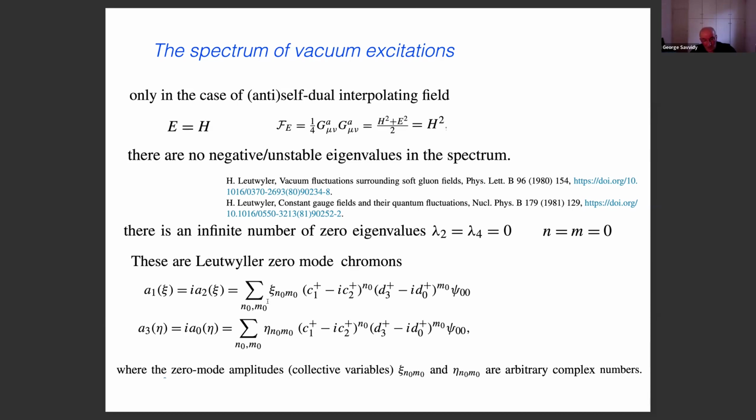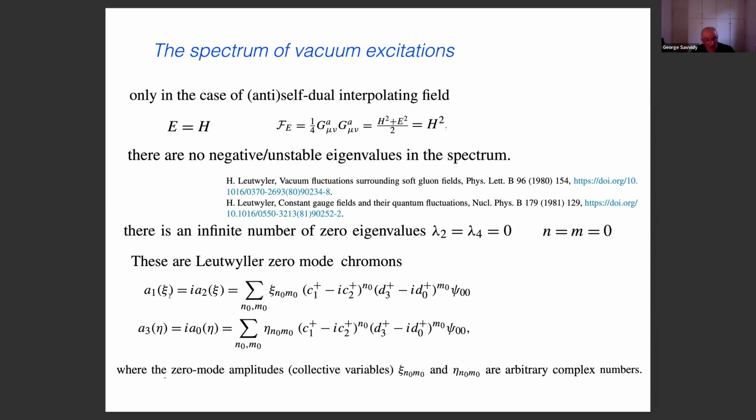So we take the superposition of all these wave functions with this coordinate psi n0, m0. This is a collective coordinate, as 't Hooft was calling it. So it's an amplitude of 0 modes. Therefore, our fields are a superposition of all these 0 modes.